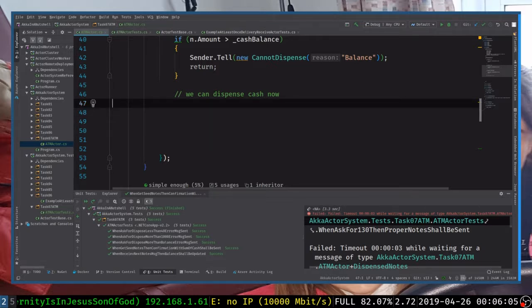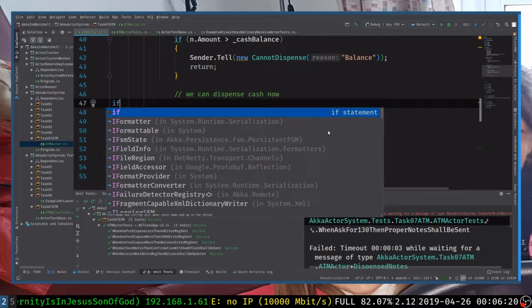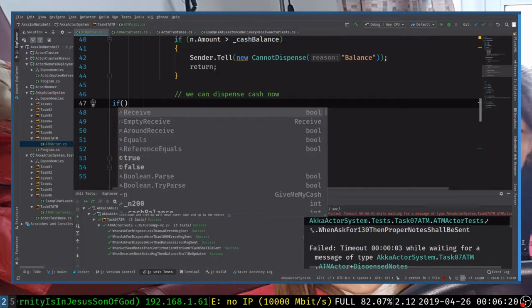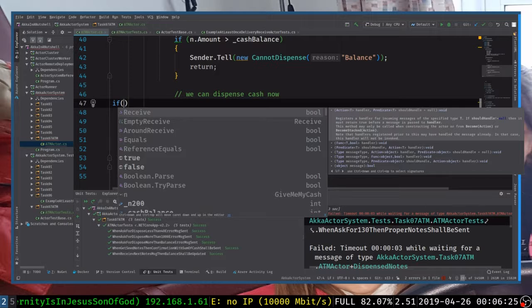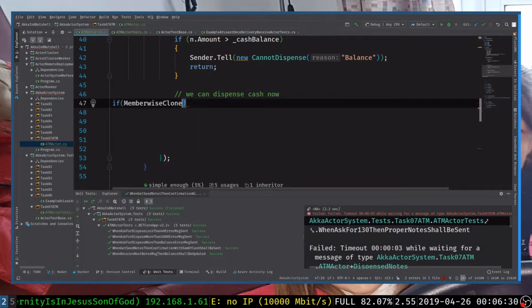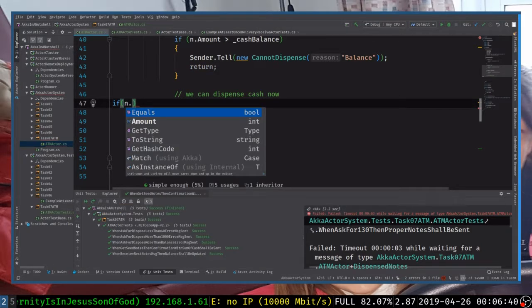Okay, so if we know that this is lower, maybe we just try to do a stupid dispenser that will be going over every single thing, right? That could be for some of us very annoying, but let's do that. If and that amount.